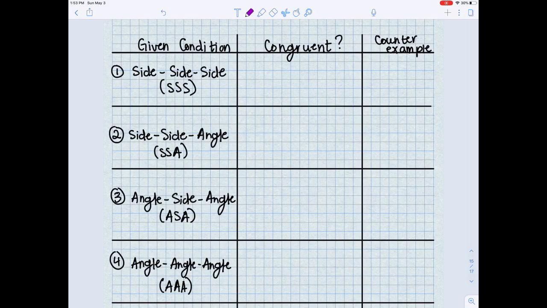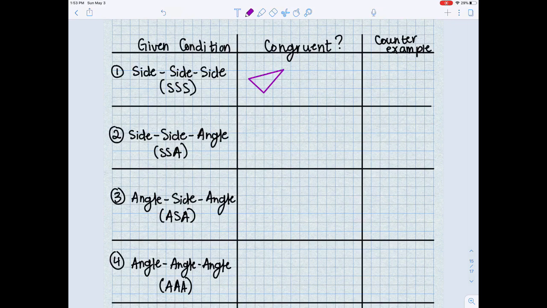Okay, so I want to show you guys what you are going to record in your tables here. So we started off with triangle ABC, and remember, it doesn't need to be a perfect sketch, okay? I mean, it doesn't need to be a perfect drawing, so it doesn't need to be drawn to scale or anything like that, okay? So just try your best.